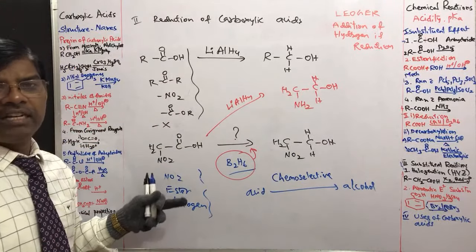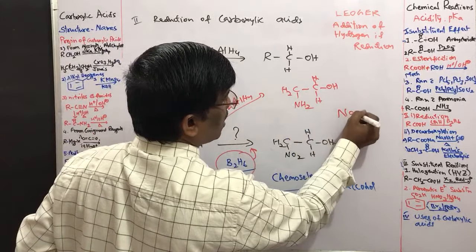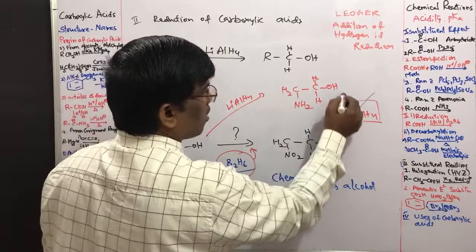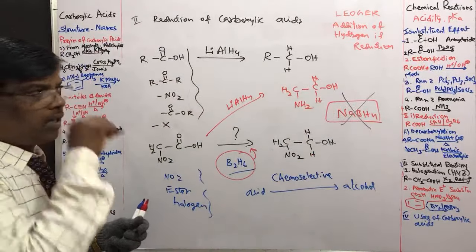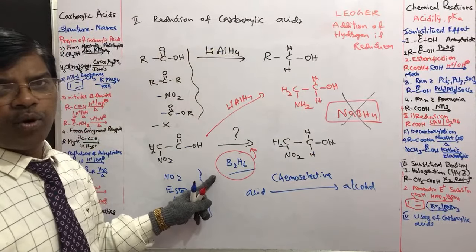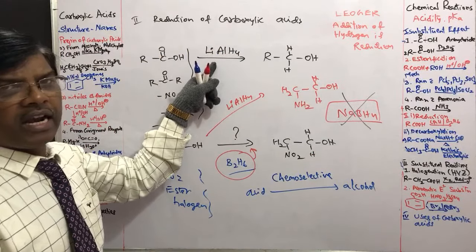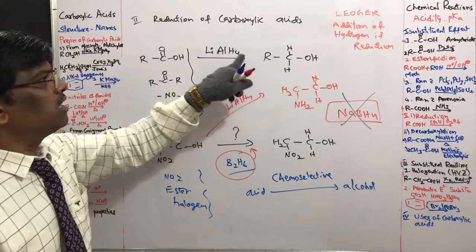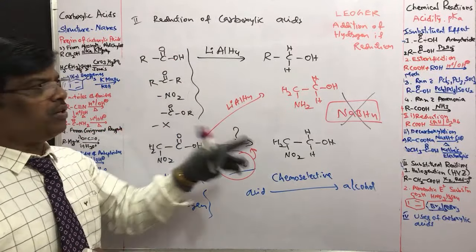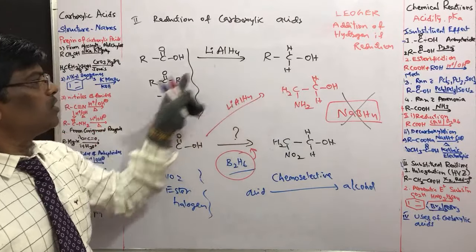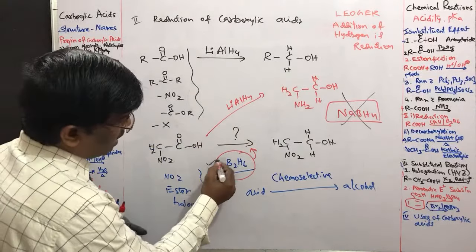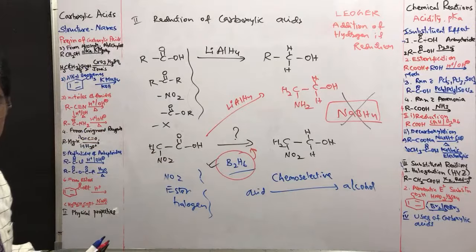And one more, the common reagent we learned, sodium borohydride, is not going to reduce carboxylic acids to alcohols. So this is how carboxylic acids are reduced chemoselectively by diborane. Whereas lithium aluminum hydride reduces carboxylic acids to alcohols, but the selectivity is very low, and other functional groups are also reduced: carbonyl compounds to alcohols, nitro to amine, ester to alcohols. So diborane is the key point. Please remember this, students. Next.